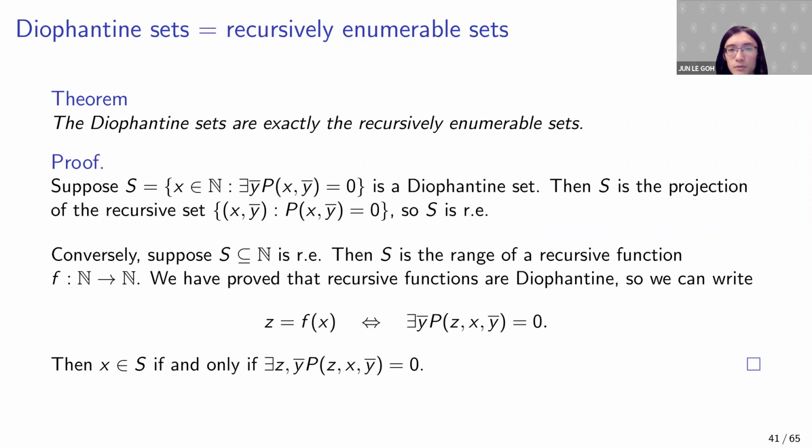Okay, sorry, I messed up a little here because I should have swapped the x and the z. I should have said that z is in S if and only if there exists x and there exists y such that P(z,x,y) equals 0.